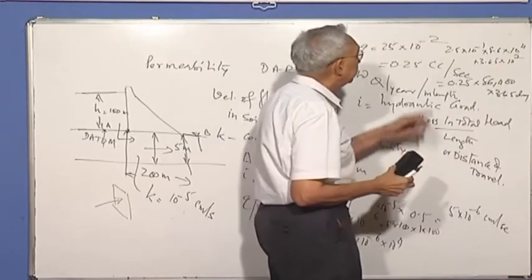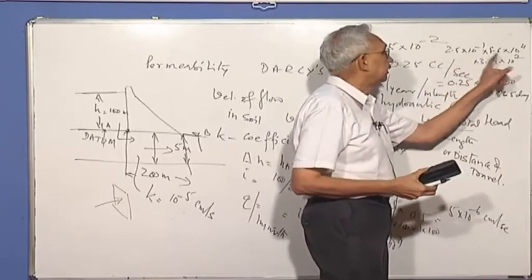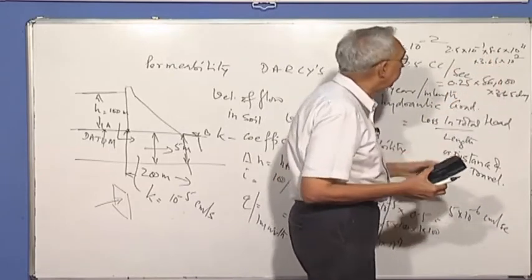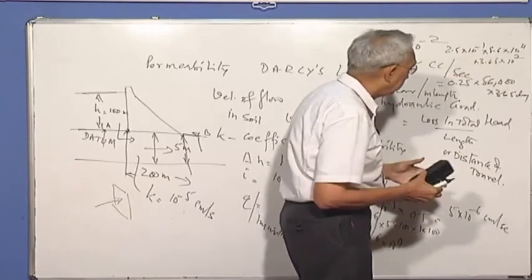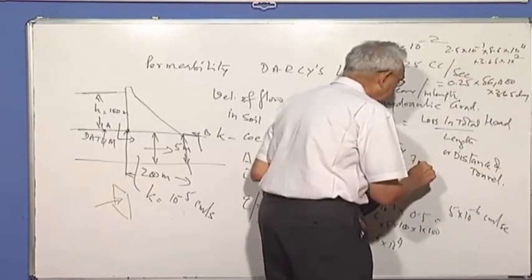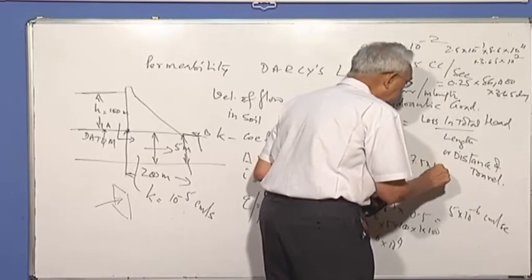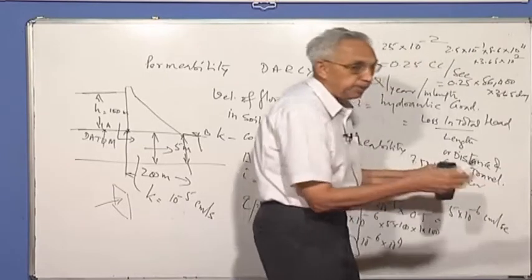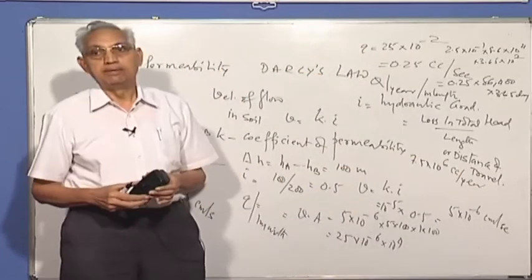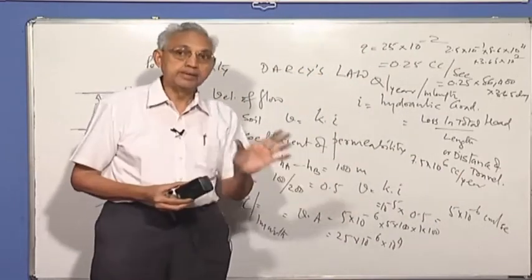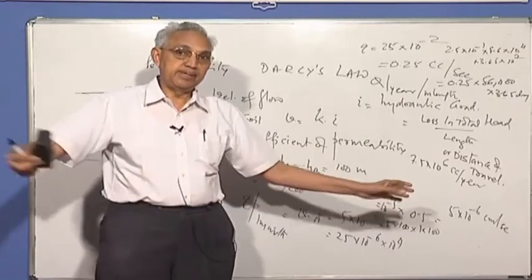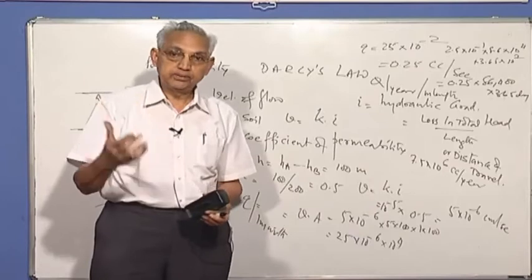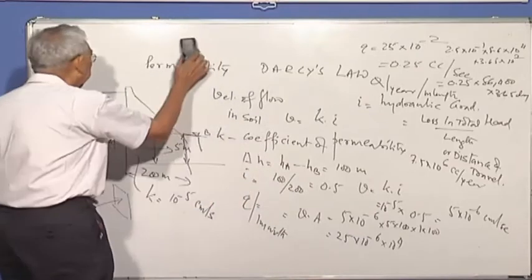So you can see that 2.5 into 8 is something like 20, into 3.6 is about 75, into 10 to the power of 5, so 7.5 into 10 to the power of 6 cubic centimeters per year. So then you convert into liters or cubic meters, you get the loss per unit length. And if the dam is long, you have to estimate correspondingly what will be the total loss. So that's how we do that.